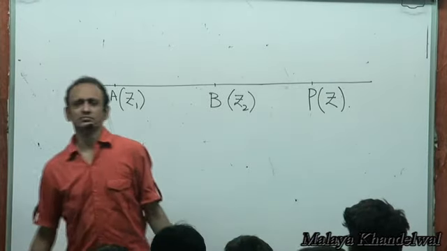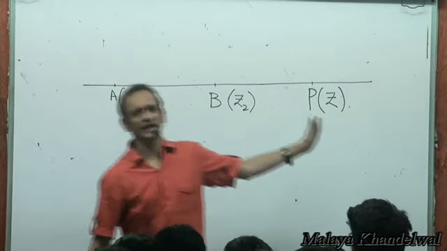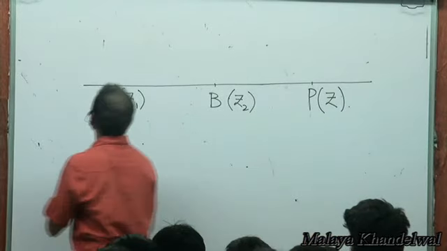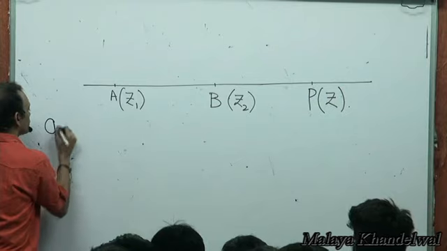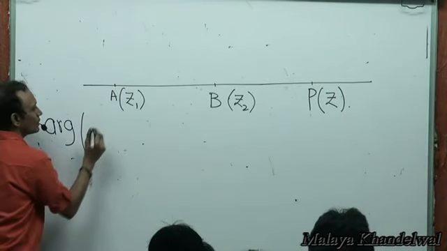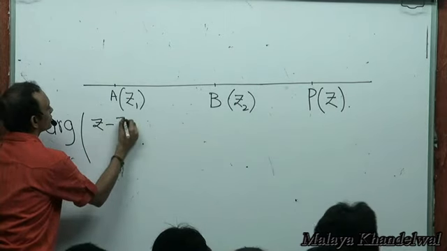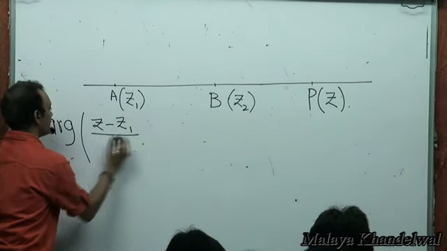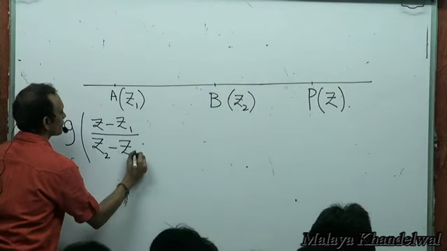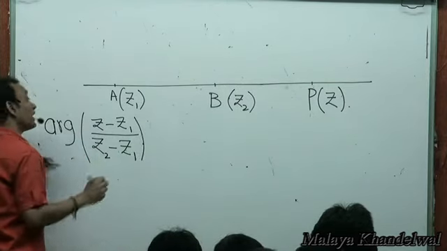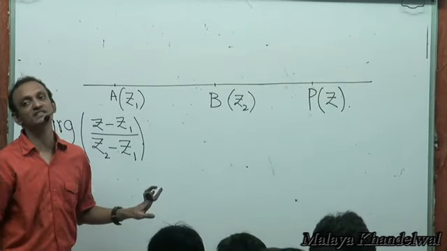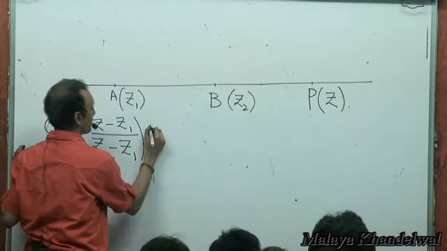Now, if Z lies on the line joining A and B anywhere, irrespective, then one thing for sure, like we did a little while ago, the argument of Z minus Z1 divided by Z2 minus Z1 would either be 0 or pi, depending on the relative orientation of Z, Z1 and Z2.